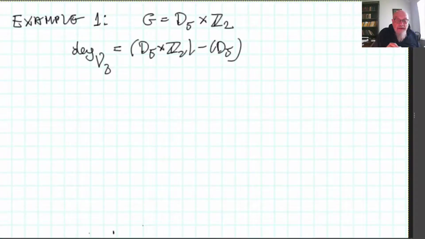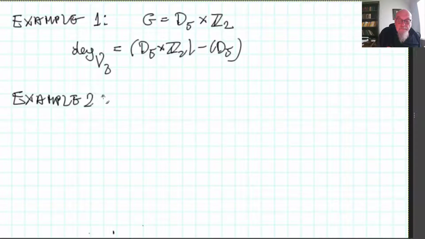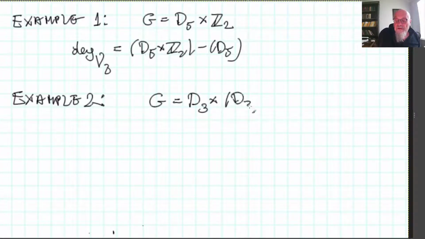So let's write example 2. The group G is equal to D3 times D3 times Z2, and that's it. So this is our group.